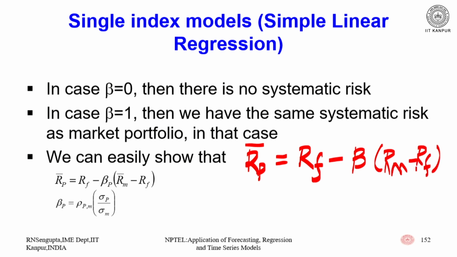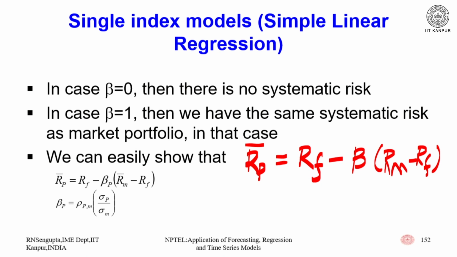The sign denotes that the market is uncorrelated when beta is 0, positively correlated when beta is 1, and negatively correlated when beta is less than 0. And the beta value gives you the rate of change of the return of that particular stock with respect to the market.